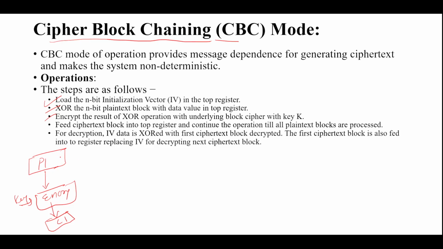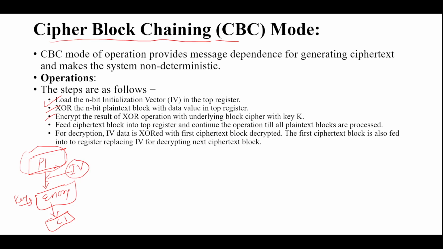Initially a 64-bit size is used, but in CBC mode, in the first step we are using the initialization vector, that is IV, in the top register. So this is our top register, and along with it we are adding the initialization vector.